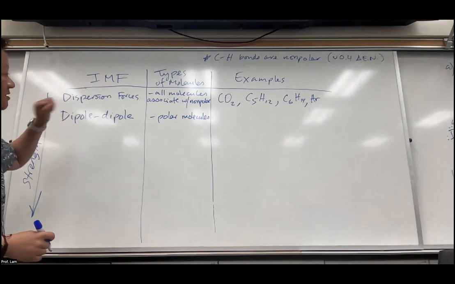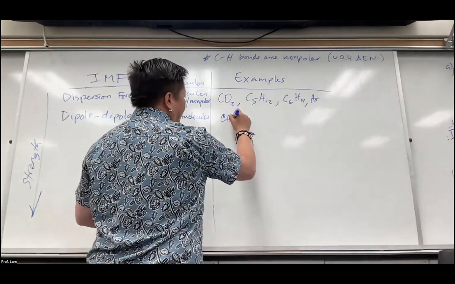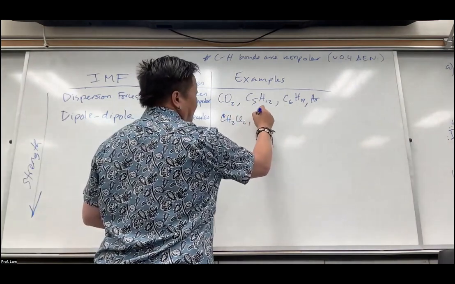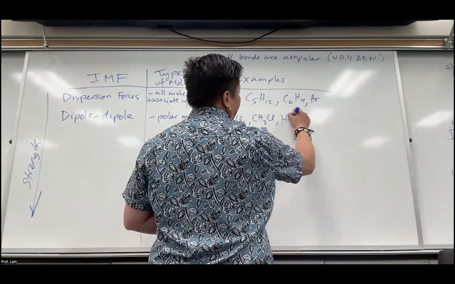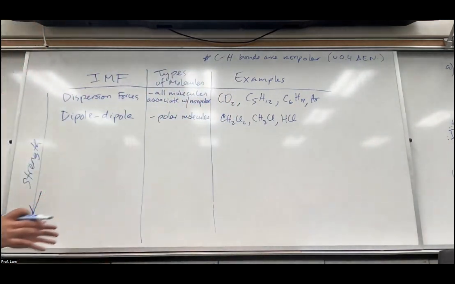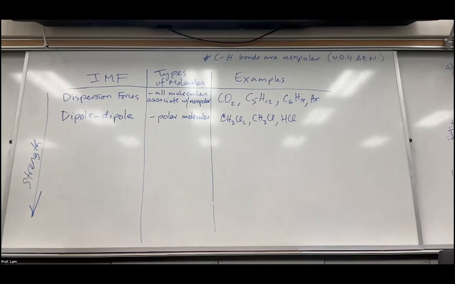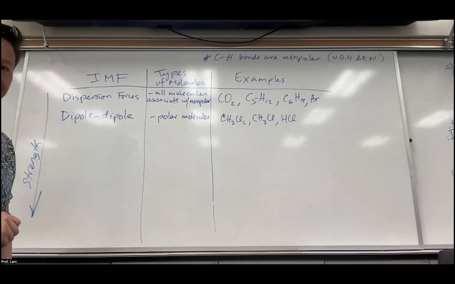It's stronger than dispersion, right? Some examples we saw: CH2Cl2 as an example, CH3Cl, HCl, right? A bunch of other things, okay? So, you know, again, just assess the polarity. If it's polar, it can be dipole.